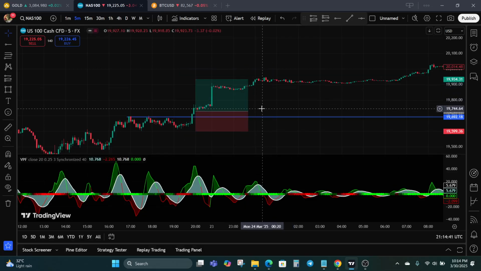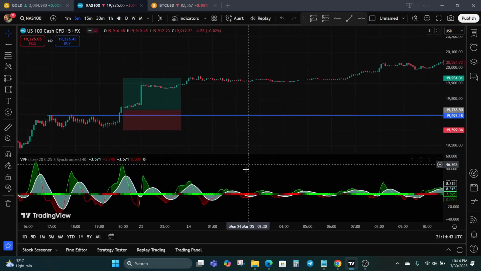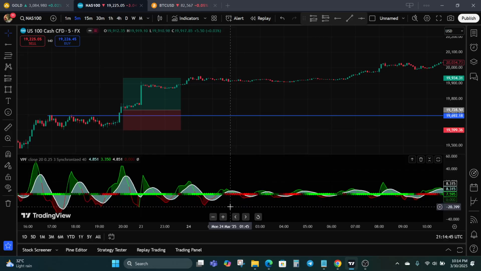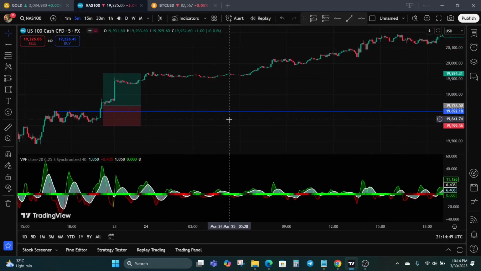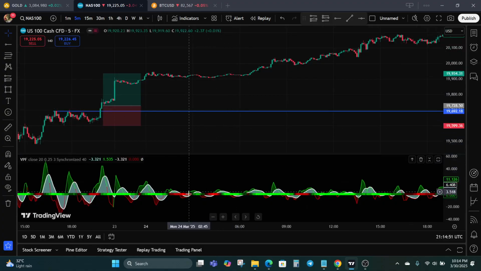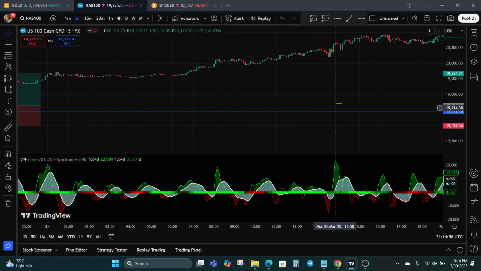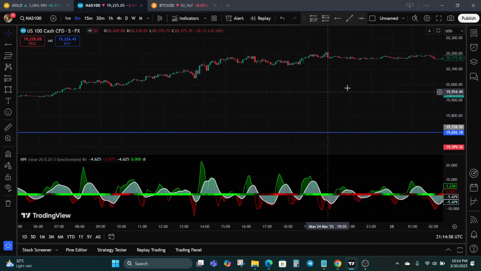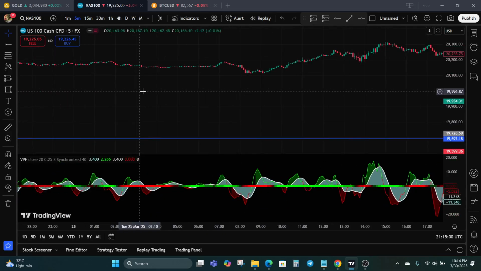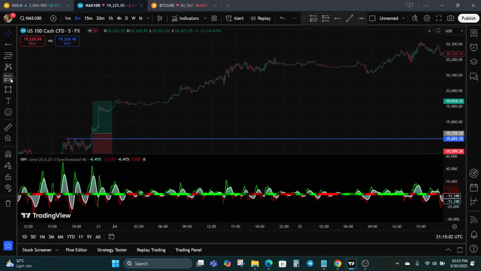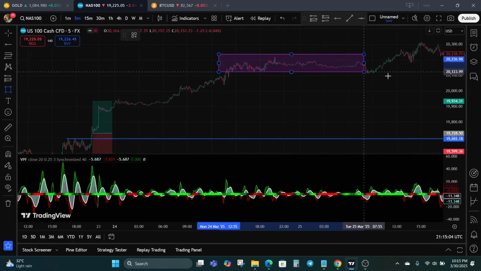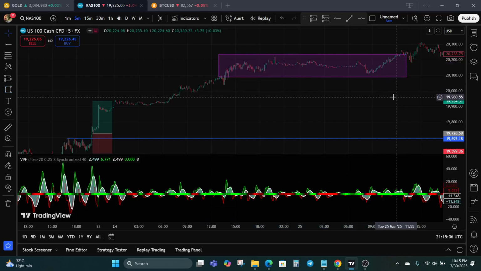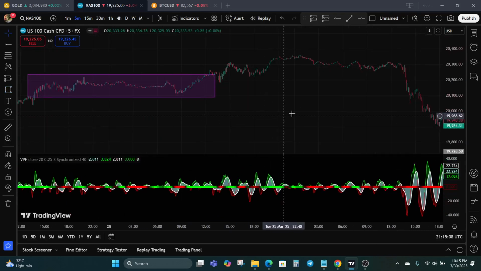But if you want to enter a sell trade, you should wait for not just the red dot to appear, but also the red dot and the red line. And remember, the red line should also coincide with a dark shade of red. It seems like we had quite an extensive consolidation around here, so this was not exactly a very good place to trade, but let's just move forward.